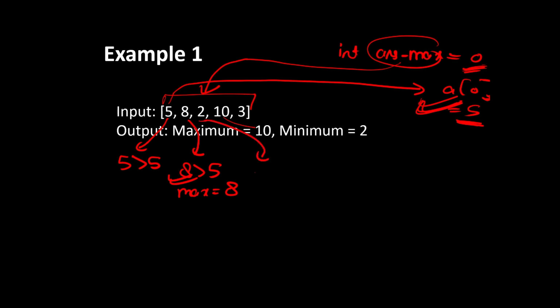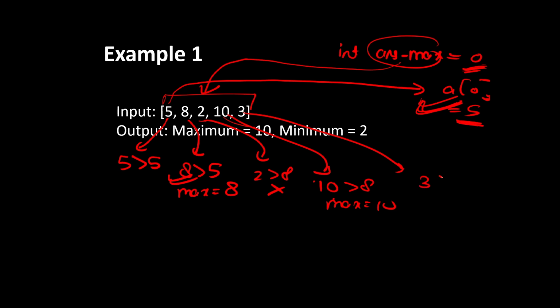Then 2 is greater than 8? False, so it is not updated. After this, 10 is greater than 8, so the max value is updated to 10. Then 3 is greater than 10? No, so our final maximum value is 10, and that is the answer we needed.